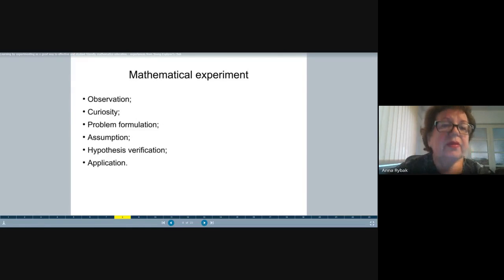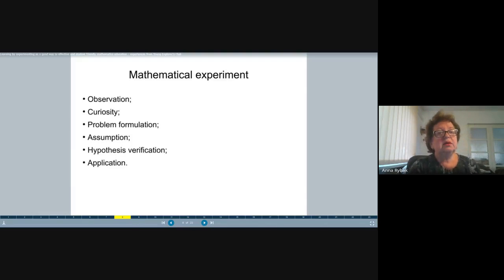I mentioned already experimentation. Some people don't believe in the possibility of making experiments in mathematics, because they say that experiments are in biology, chemistry, physics, in nature.